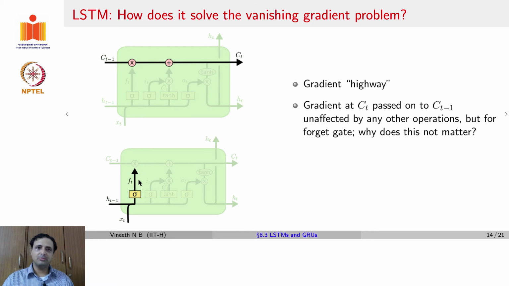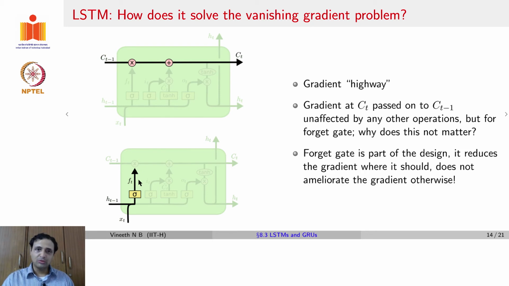This is not a problem because the job of the forget gate is to decide how much CT-1 should contribute to CT. So if the gradient is reduced to a previous state based on how much it contributed, that's a fair gradient. We won't be worried about it. The gradient does not get mitigated because of any other operations in the LSTM.